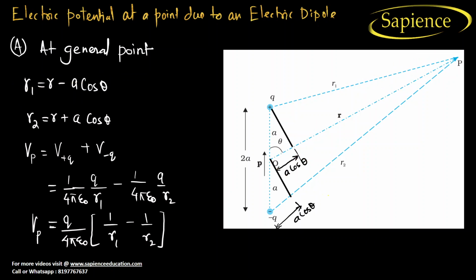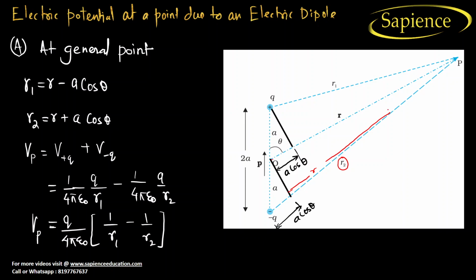See, if you are able to find this distance, then you can easily find the potential by just putting in the formula. Now the real challenge is how to find r2. See here, that is very important. We want r2, right? Now you know that this length and this length are the same.